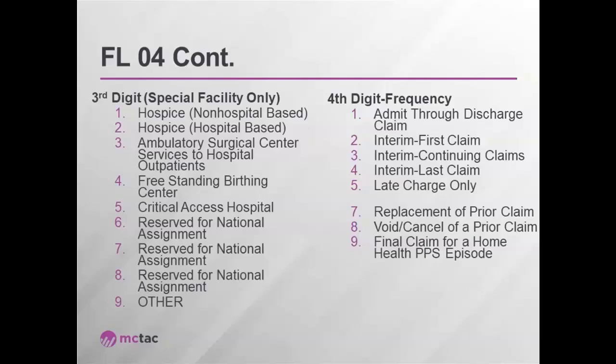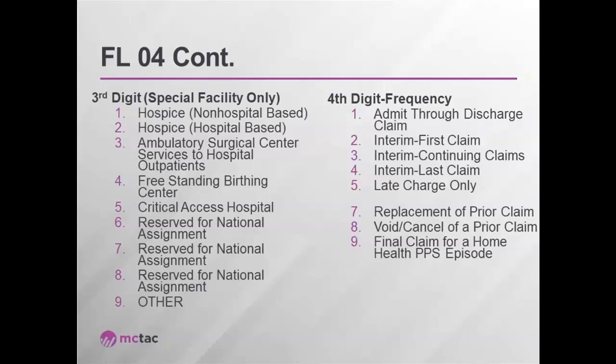One of the biggest mistakes providers have is they continuously put number 2 in this digit. And what happens if you continuously put 2 on the same claim and you're rebilling or replacing, as this might refer to, you would get a denial saying this claim has already been processed. Because as far as the managed care plan is concerned, this is no longer a first claim, it's a replacement.